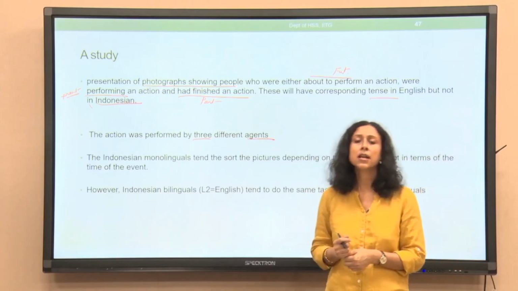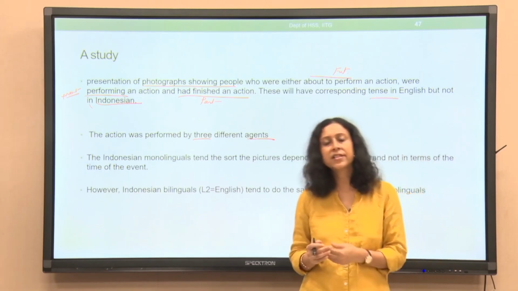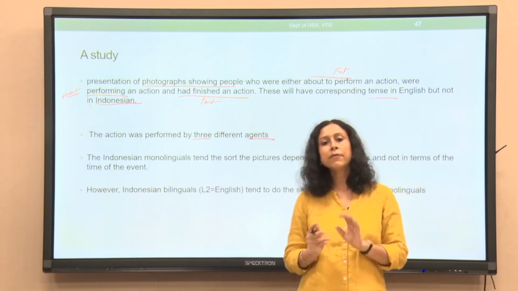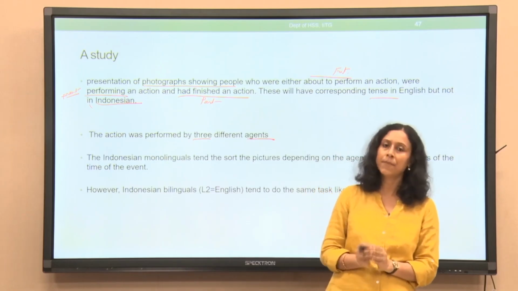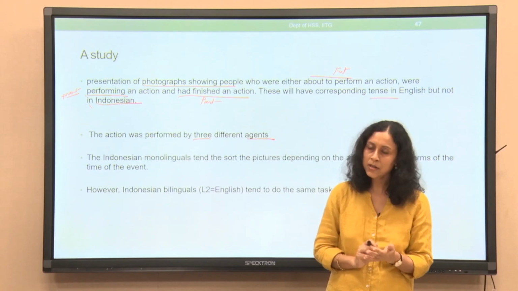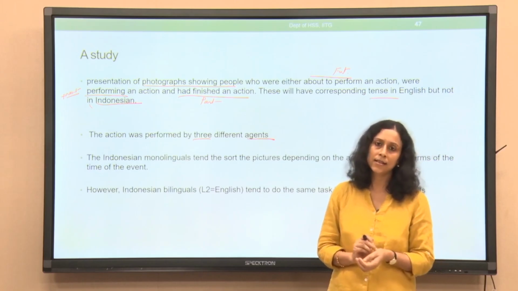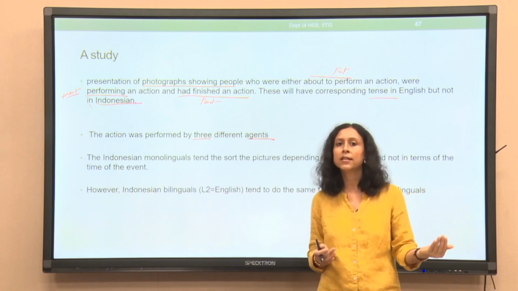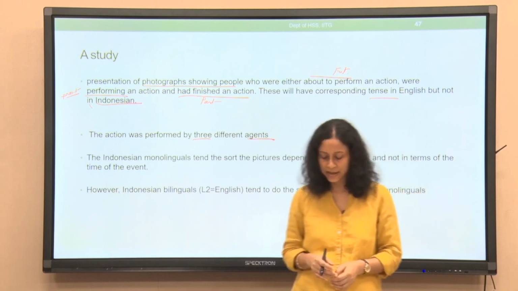In one case it was people wearing different color football jerseys, in another case they were different people and so on. These actions were differentiated in terms of when the action happened, and also in terms of the agents who performed these actions.